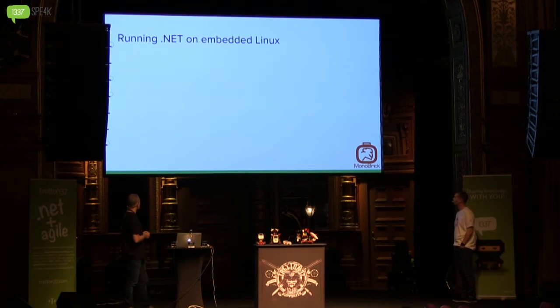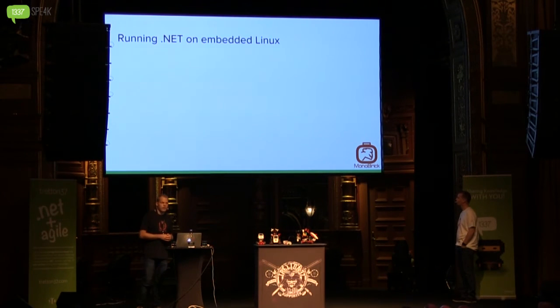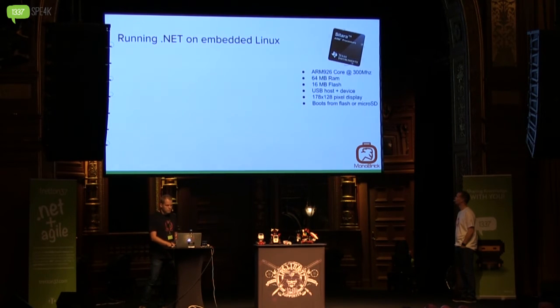Okay, so how do you get the .NET framework up and running on an embedded Linux? Inside the EV3, we have an ARM9 core running at 300 megahertz. We have a decent amount of memory, USB host and device capabilities, and a small monochrome display.